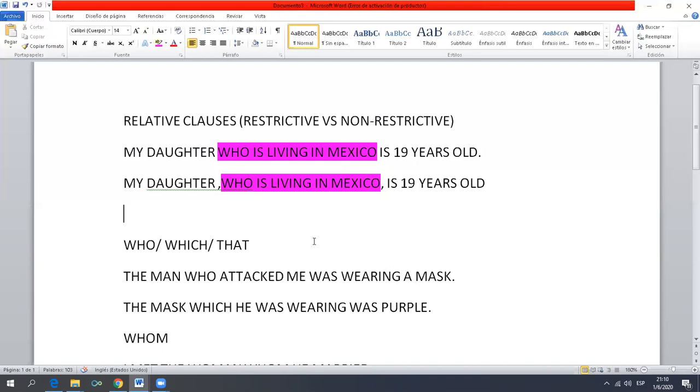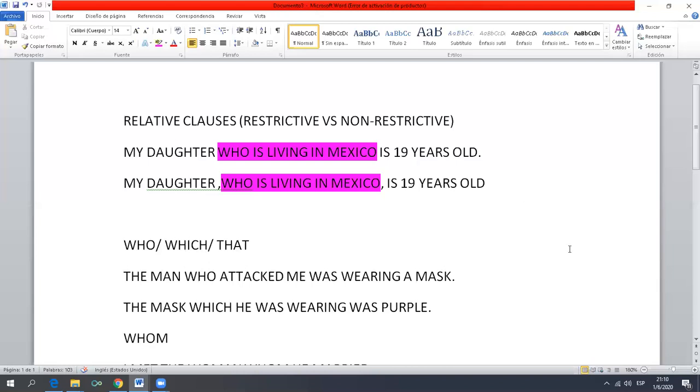So if I wanted to talk about my daughter, I could tell you, my daughter, who is living in Mexico, is 19 years old. Okay, I'm giving you information about my daughter, but if you knew me a little bit more, you would know that when I say my daughter, I can only be talking about Emilia. All right, that's her name.